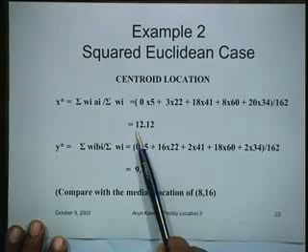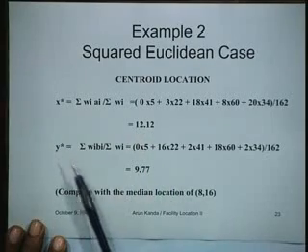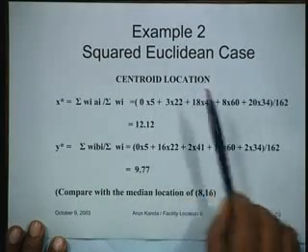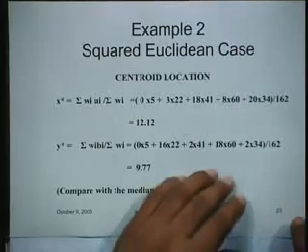Now the question is, which is the best position for the bonfire such that the total loss of heat energy is minimum for all of them? If that is to happen, the bonfire should be at the centroid of all these points where these people are sitting. That's exactly the satellite location problem. So this can be determined very simply: x star is 12.12 and y star is 9.77, and therefore you can determine the centroid location very simply in this particular case.